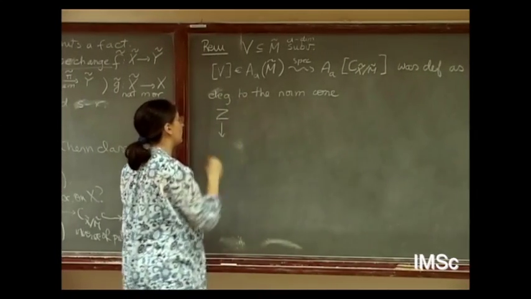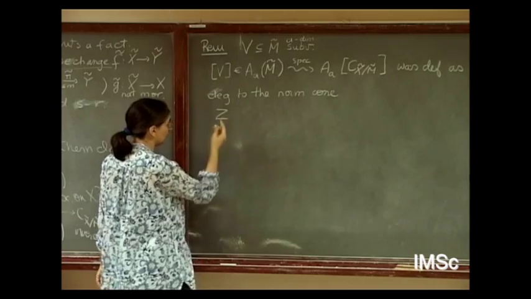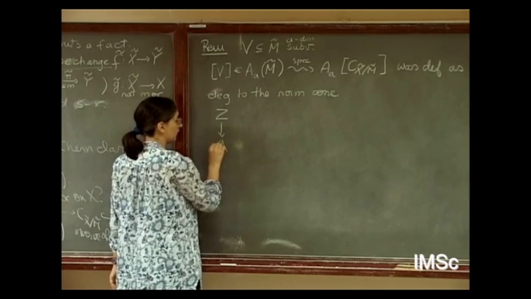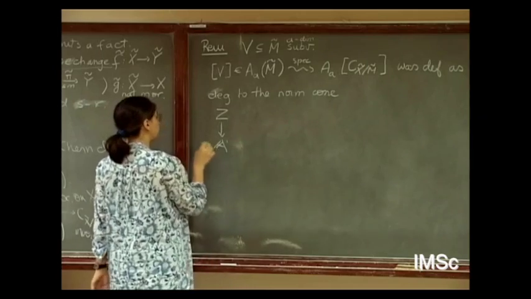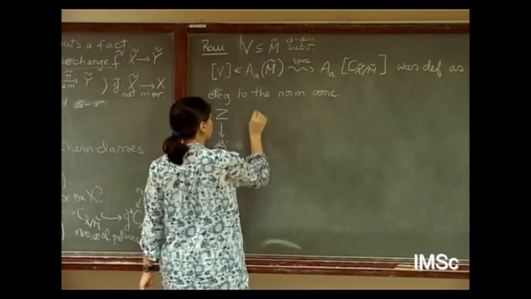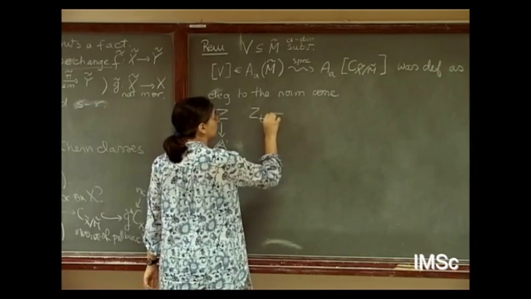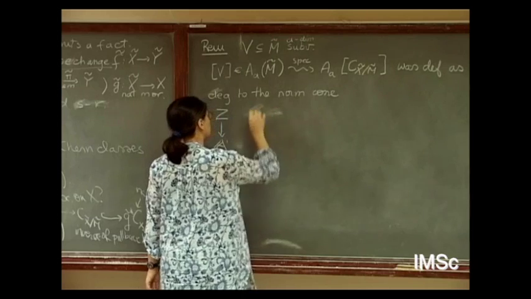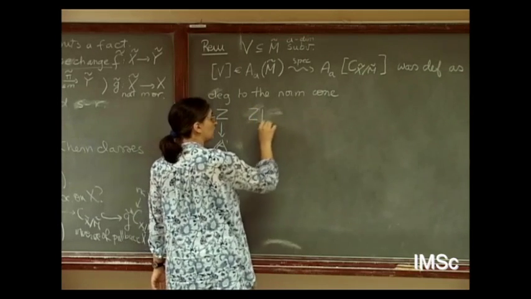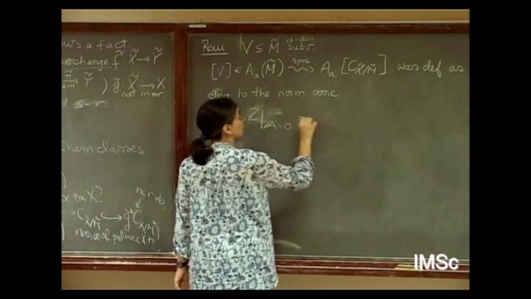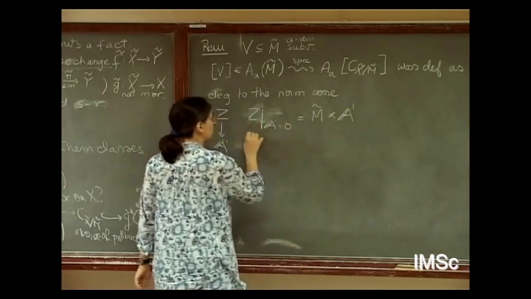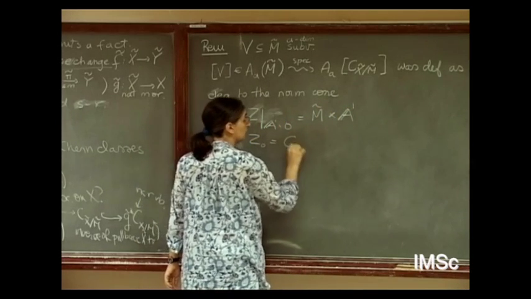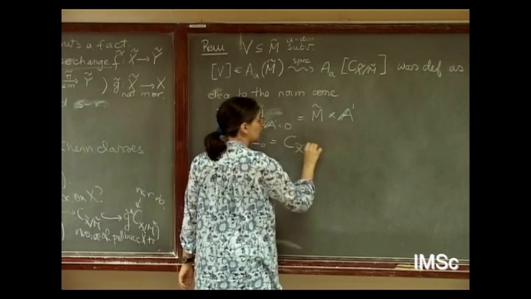I had different letters last time, but because I was in a different context, over A1, such that ZT is canonically Z restricted to A1 minus 0 is just M twiddle times A1, and the fiber at 0 is the normal cone.